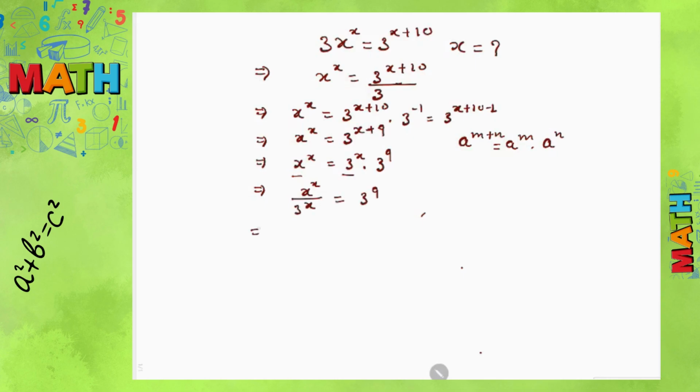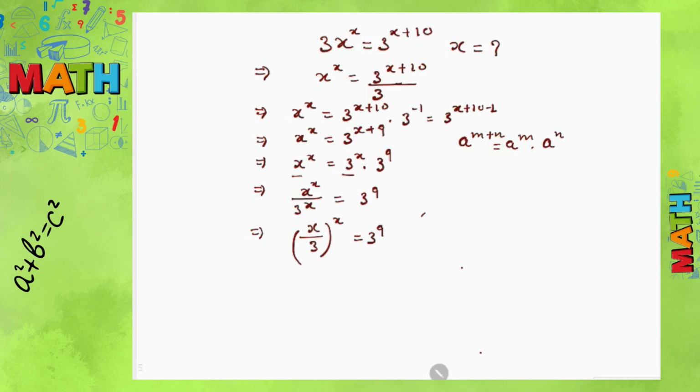Okay, so this becomes x divided by 3, to the power x, because x is a power, so I just put it like this, and 3^9.